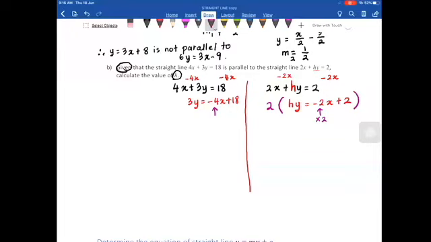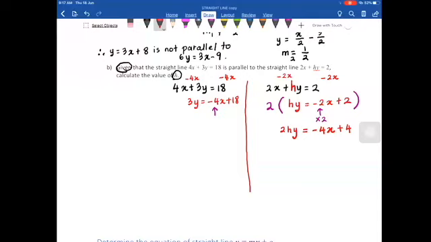So dia akan jadi 2hy equals to negative 4x plus 4. Okay, because kita darab masuk. So I expand. So each term in the equation, I have to multiply with 2. So now we can compare.